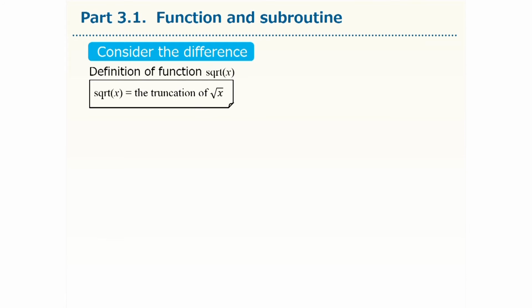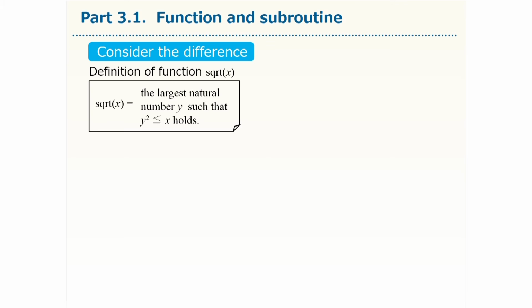Let's consider this difference with one more example. Consider the function square root of x, which is defined as a truncation of the square root of x. Yes, you may feel that it is not enough for a definition because we don't explain what a square root is. Okay, let's consider a definition that uses basic notions only. How about this?